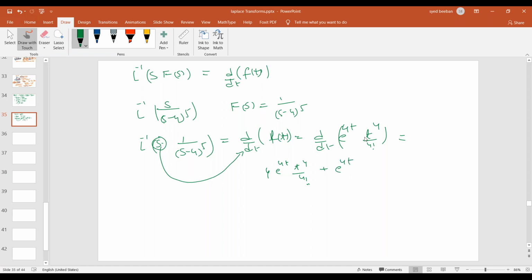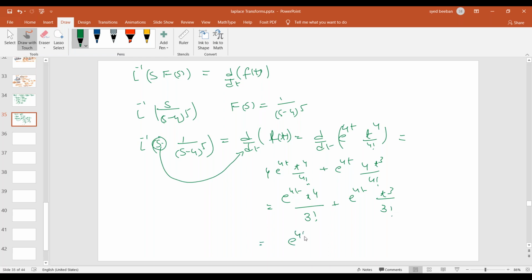Now differentiation of t power 4 is 4 times t cube by 4 factorial, which is equals to e power 4t times t power 4 by 3 factorial plus e power 4t times t cube by 3 factorial, and simplify further, you may get the same.